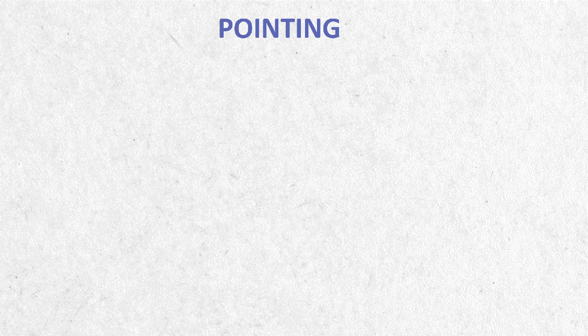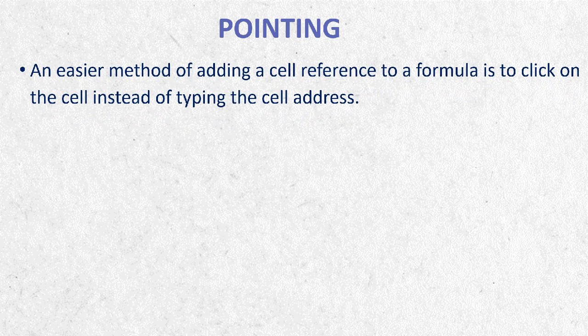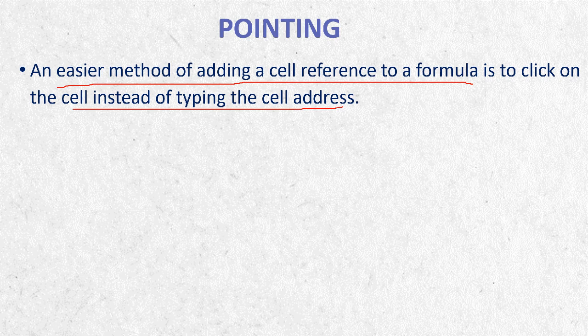First we will see about the pointing method. What do you mean by pointing? An easier method of adding a cell reference to a formula is to click the cell instead of typing the cell address. For example, in the previous example, you want to add three values, right? So instead of typing the cell addresses, C1 plus C2 plus B2, you can just click and add that cell.